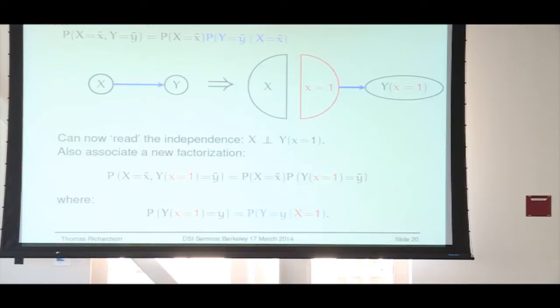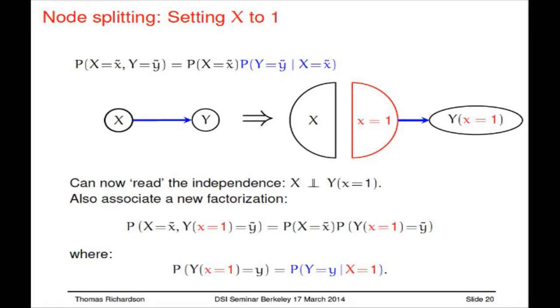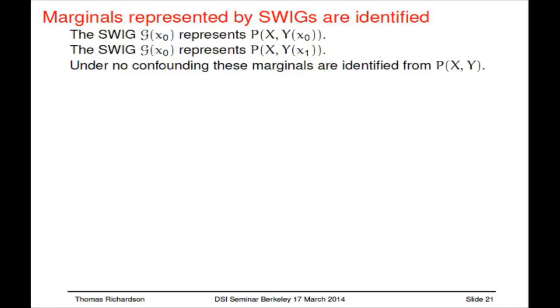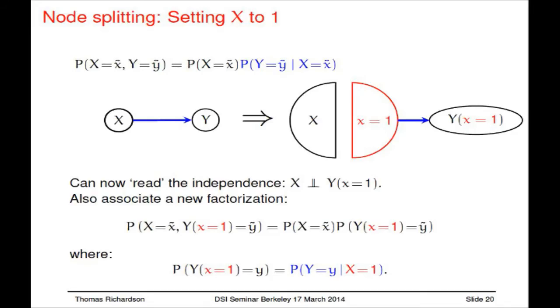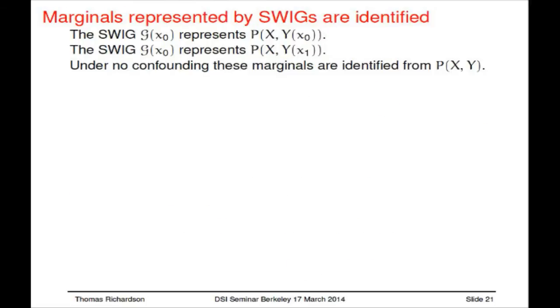So you might wonder, why do I belabor this point? Why do I plug in x equals 0 and x equals 1 separately? There's a key idea here. I'm calling the new graph that I'm constructing here a SWIG, for reasons that will become clear in a moment. This is Jamie's name. I'll tell you what it stands for in a second. But basically, g of x0 represents the joint over these two random variables.